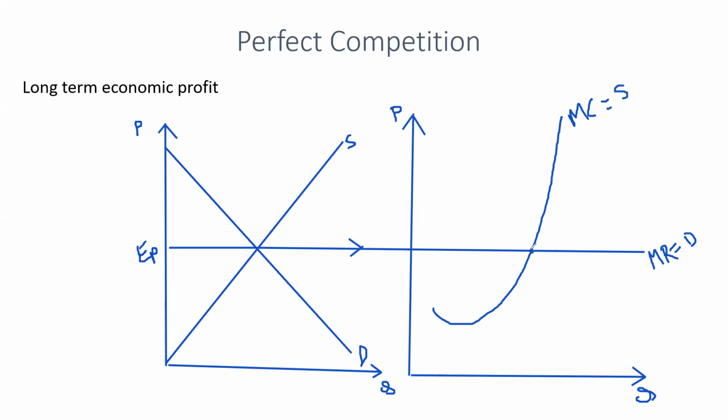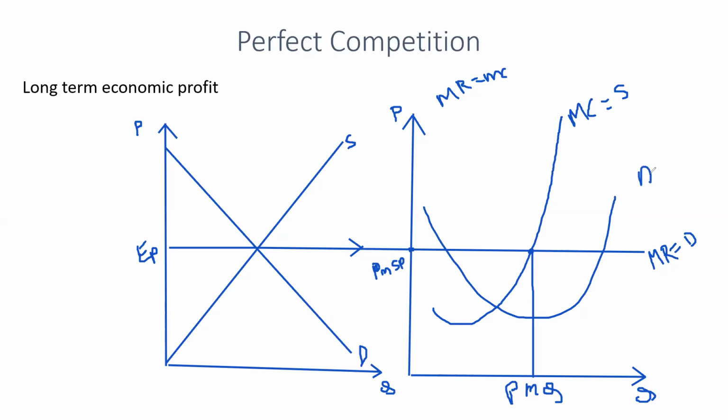This is where the profit is maximized. Remember, profit maximization is MR equal to MC. So this is where you'll have your profit maximizing output. This becomes your profit maximizing selling price.